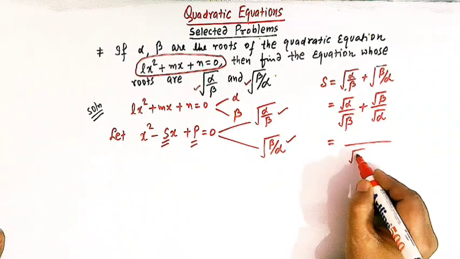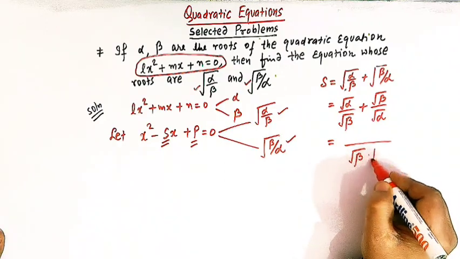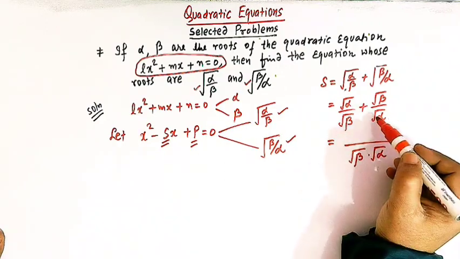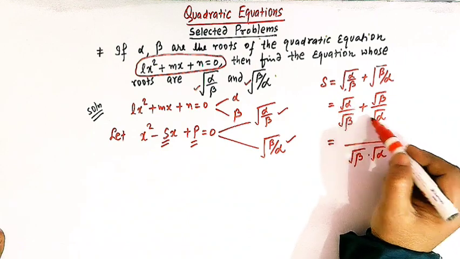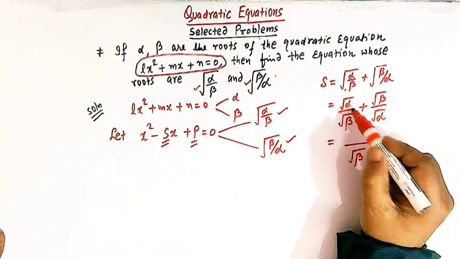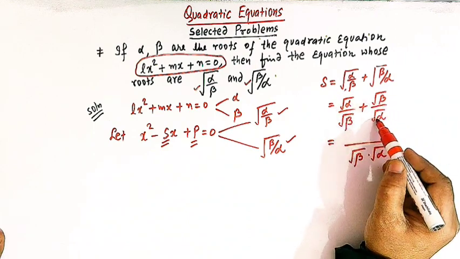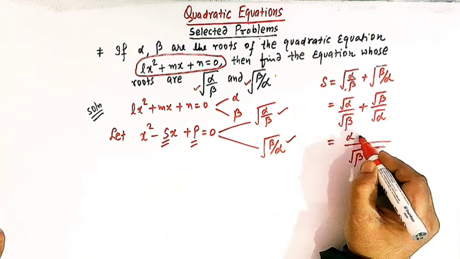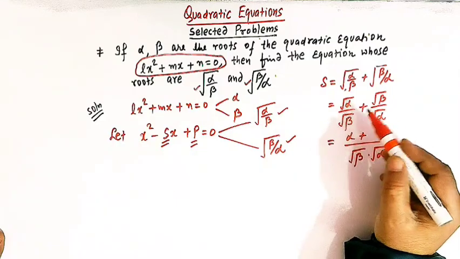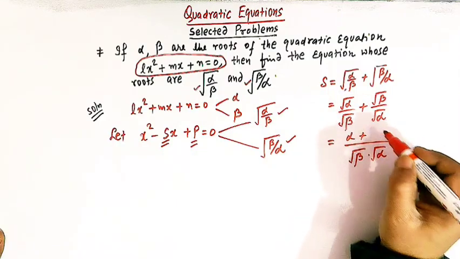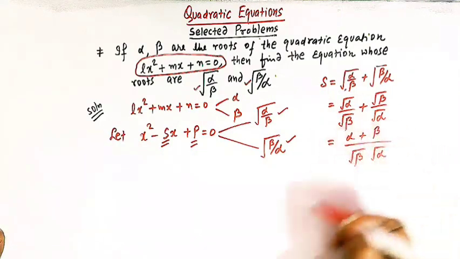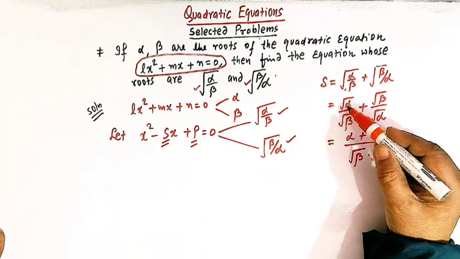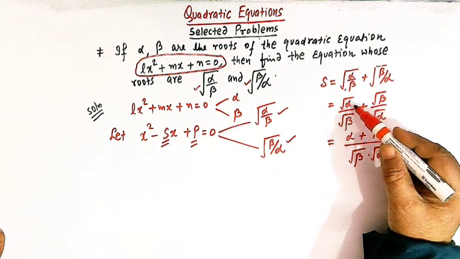Here we have square root of beta times square root of alpha, and now cross multiplying: square root of alpha times square root of alpha is simply alpha, and square root of beta times square root of beta is simply beta, because the square roots get cancelled here, right?